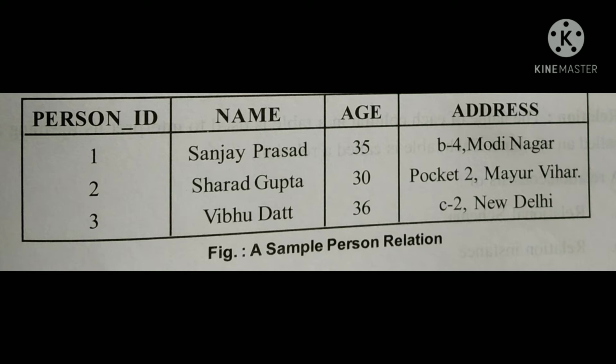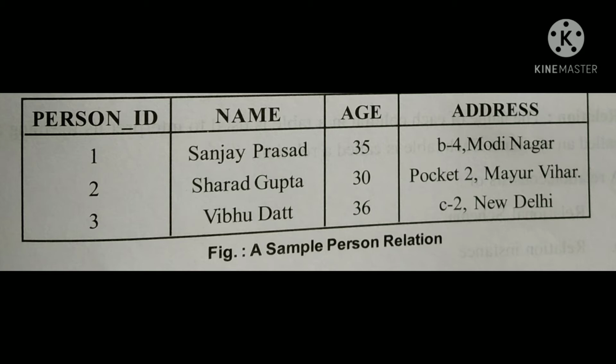Then we go to another topic, a continuation of domains, tuples and relations. Here we are discussing what a domain is. A domain is a set of permissible values that can be given to an attribute.